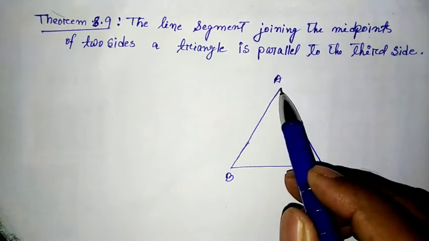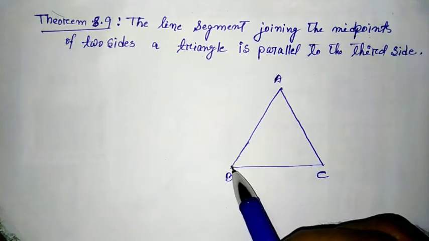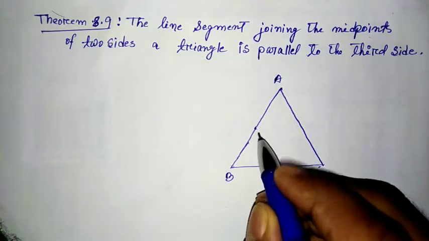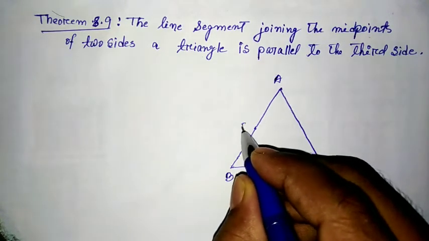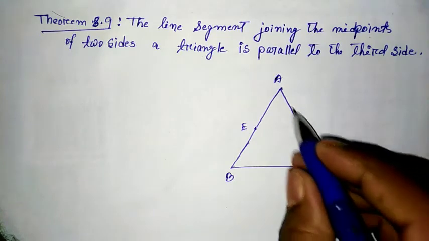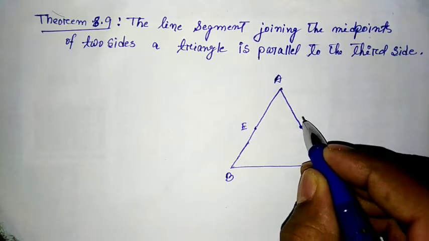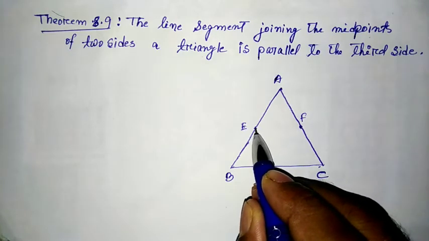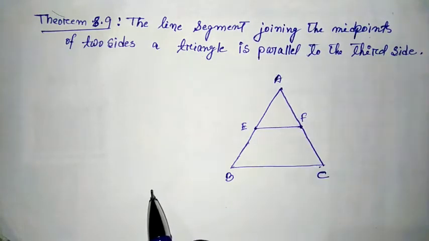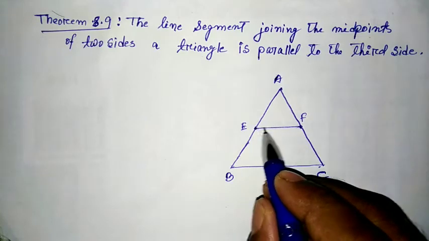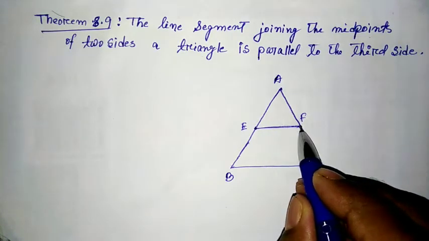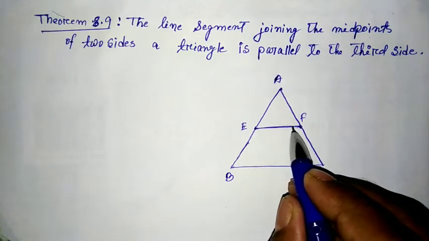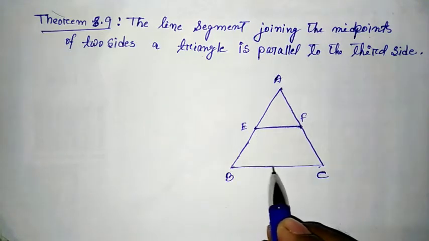Suppose triangle ABC, the midpoint of AB is E and the midpoint of AC is F. The line segment joining these two midpoints is EF. We need to prove that this EF is parallel to BC.